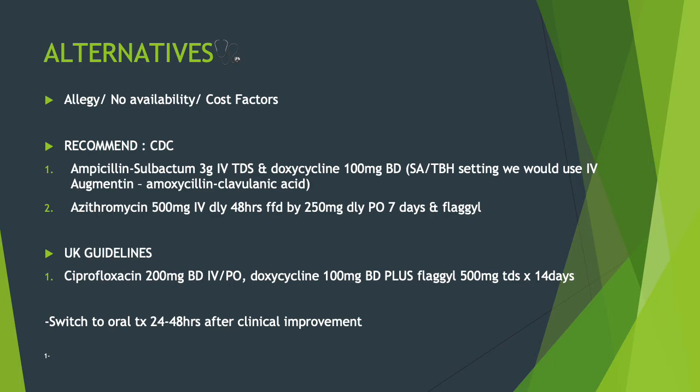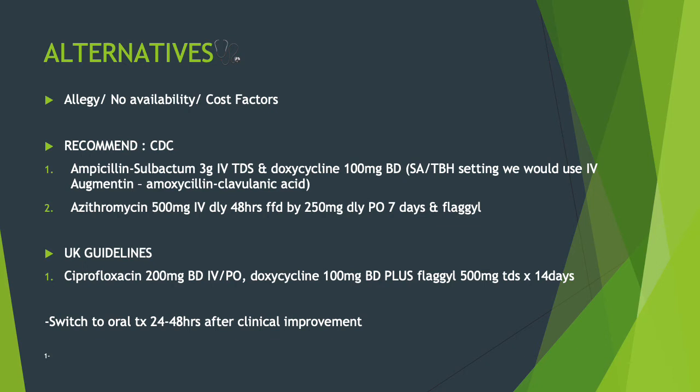The alternatives, based on patient allergies, no availability of the drugs, or cost factors, are as follows. The CDC recommends ampicillin sulbactam 3 grams IV 3 times a day and doxycycline 100 milligrams twice a day. In South Africa and Tygerberg setting, we use IV Augmentin, being amoxicillin clavulanic acid.